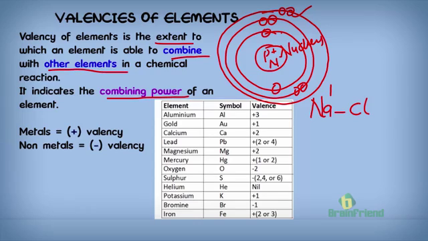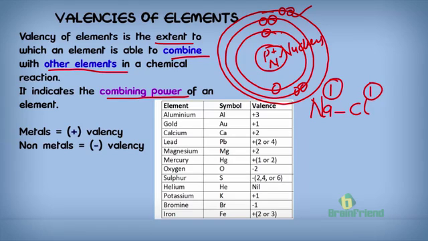Metals will always have positive valency, while non-metals have negative valencies. For example, the sodium we used to explain valency will enter a chemical combination with chlorine, using one of its valence electrons, and chlorine would accept just one electron from sodium.